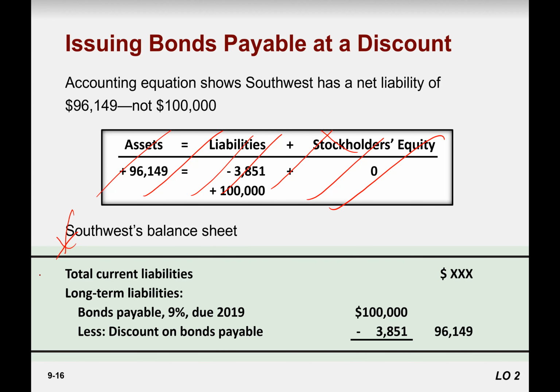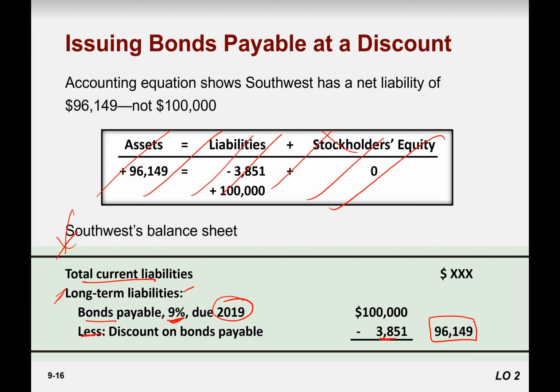Under the long-term liabilities, you will write down bonds payable at 9%, due in 2019, 5-year, less the discount. So the discount is 3,851. So right now the book value of the bond is 96,149.